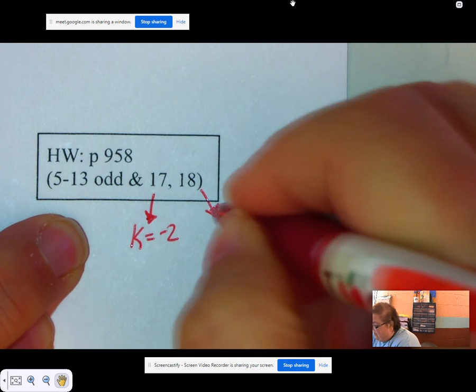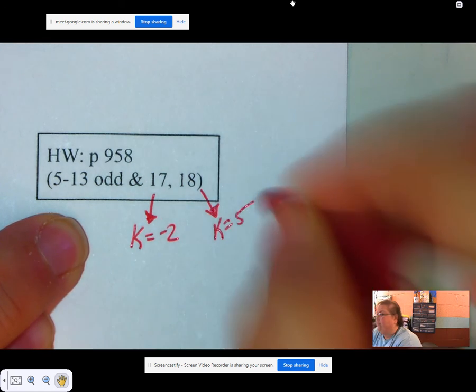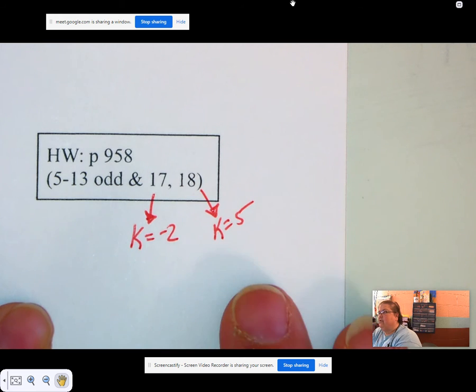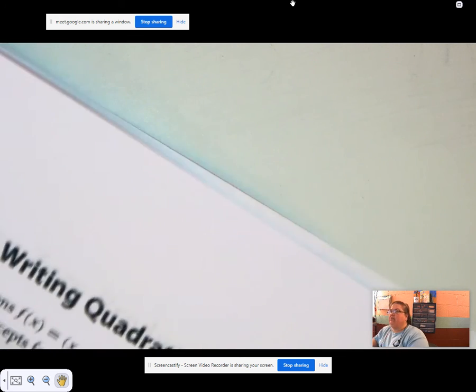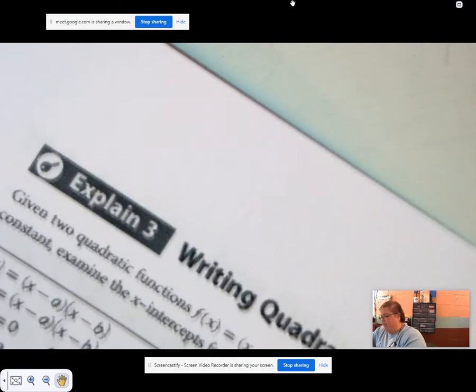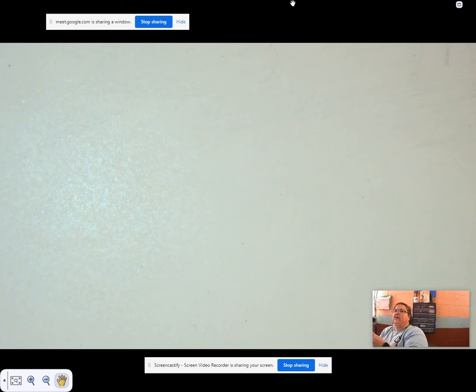For number 18, use k equals 5. You're just doing one for each of those like we just did in our notes, okay? All right, turn the page. That's also listed in Google Classroom too, in your classwork. And the homework pages are there too if you need them.